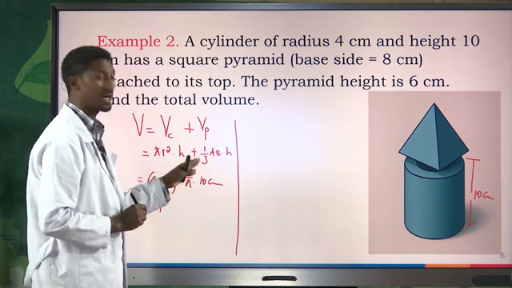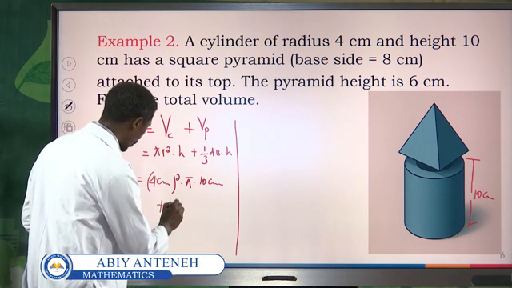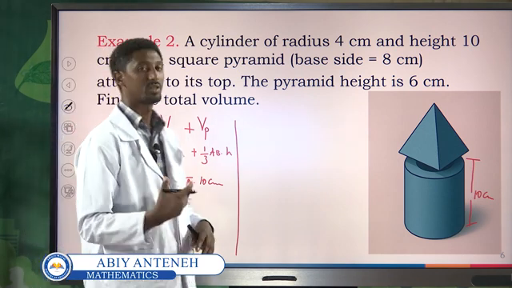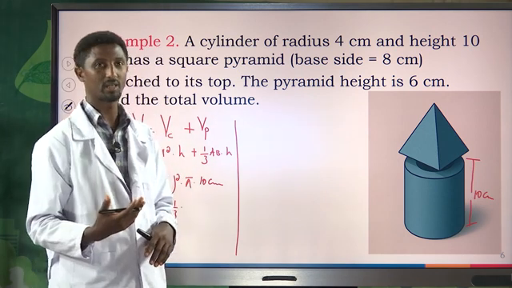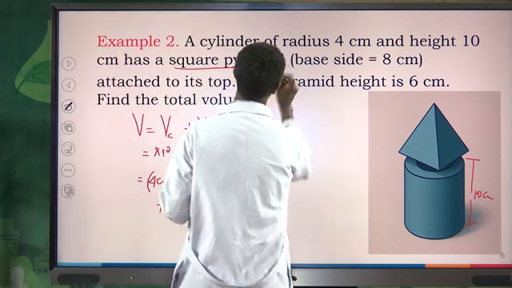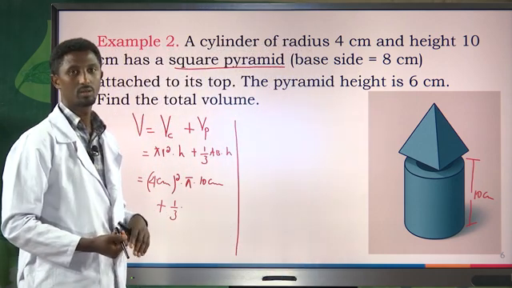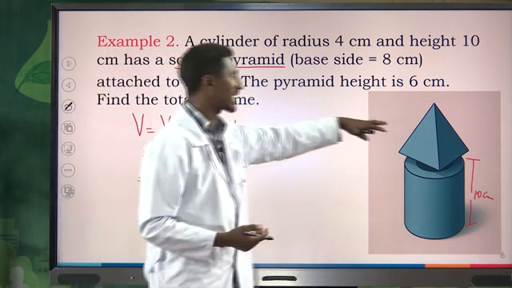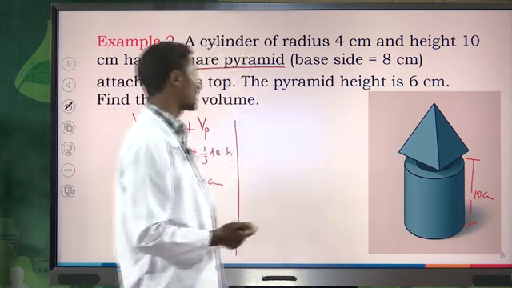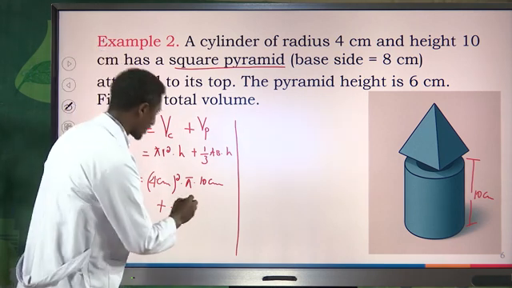The volume of a pyramid is 1 over 3 base times height. 1 over 3 times what is the base of the pyramid? It says a square pyramid with base 8 centimeter. The solid figure attached at the top of this cylinder has a base which is a square with 8 centimeter side lengths.